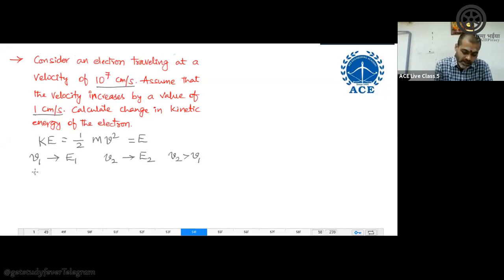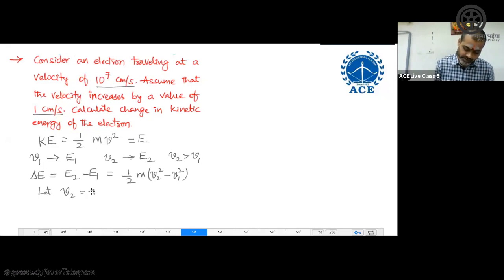So the change in kinetic energy delta E is nothing but E2 minus E1, which is equal to half m into v2 square minus v1 square. Now what is v2? Let us take v2 is nothing but v1 plus delta v. V1 is the initial and delta v is the change.